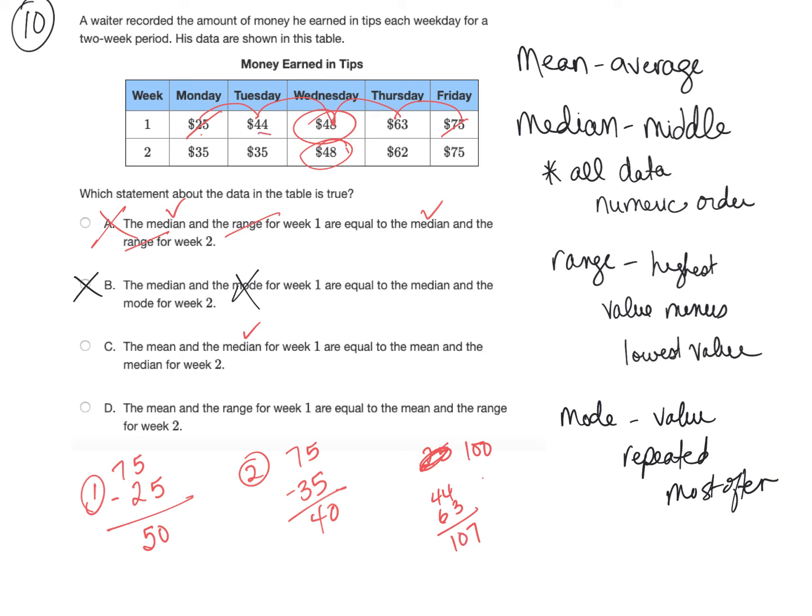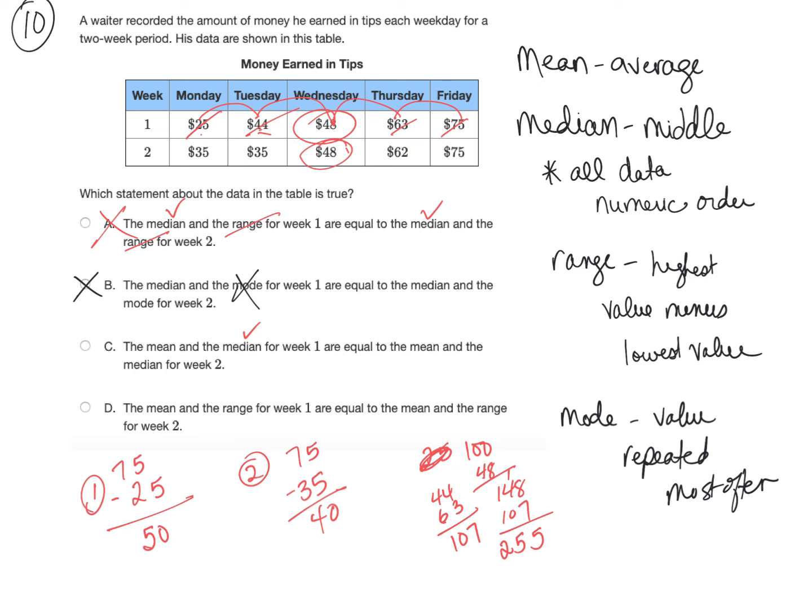So 44 and 63, and then I'm going to add another 48. So what I have is 148 plus 107. 8 and 7 is 15, carry the 1. So I have a sum for week 1 of 255.